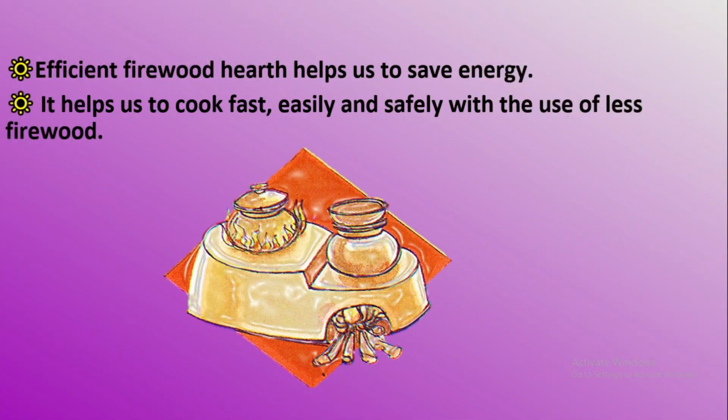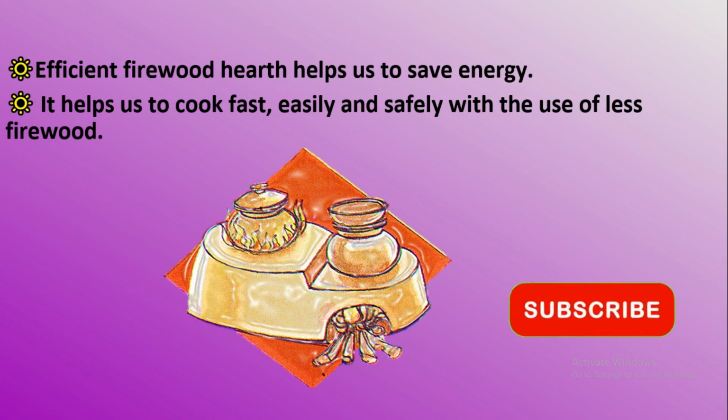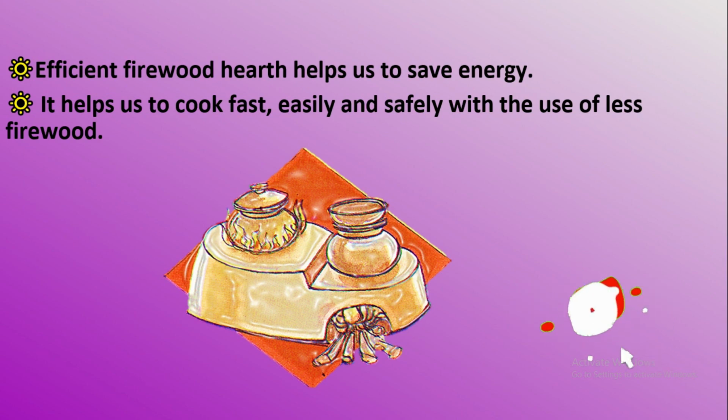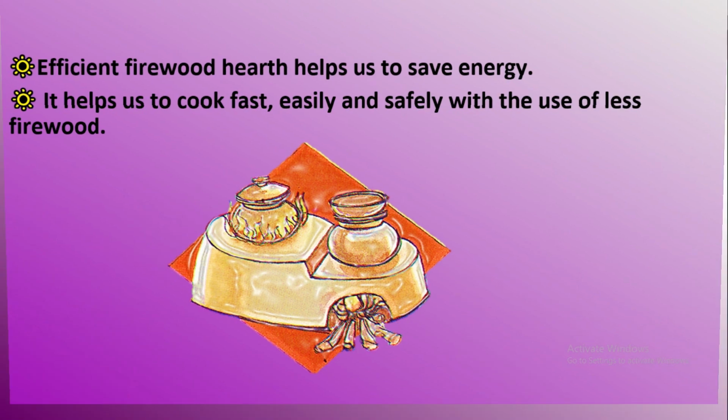Another one, use an efficient firewood hearth. An efficient firewood hearth helps us to save energy. It helps us to cook fast, easily, and safely with the use of less firewood.